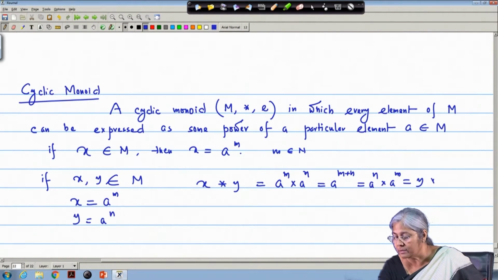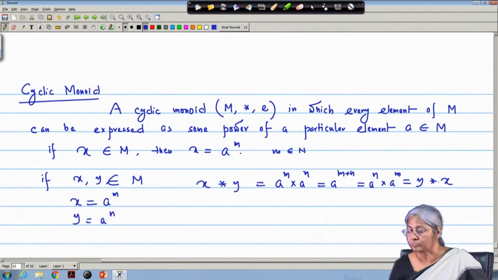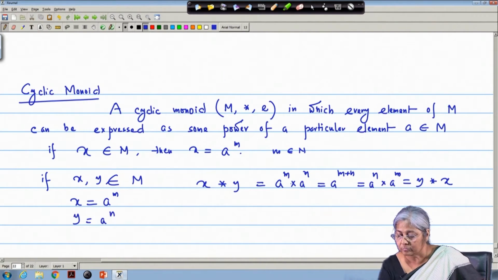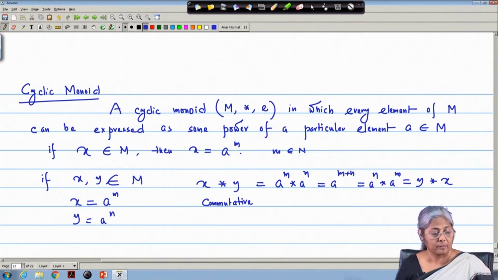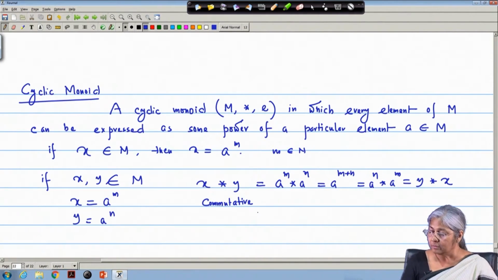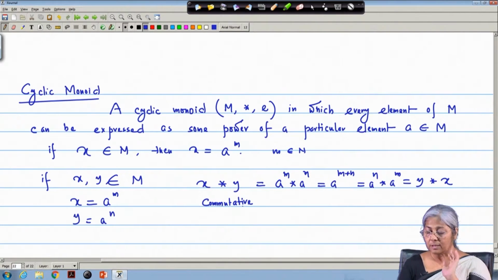This is y star x. This star is the multiplication we are writing. So that means it is commutative in nature. X star y gives y star x. Now, we see this is a cyclic monoid.